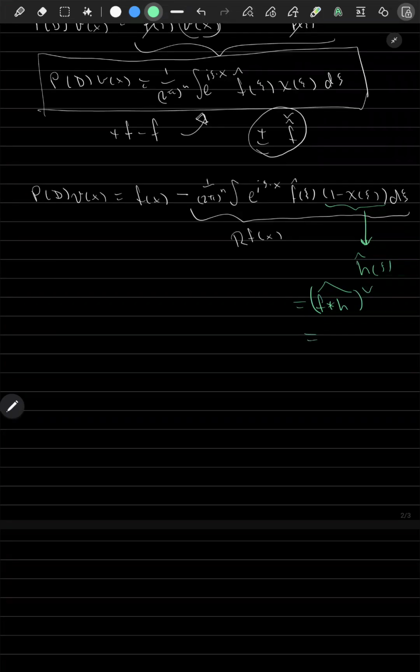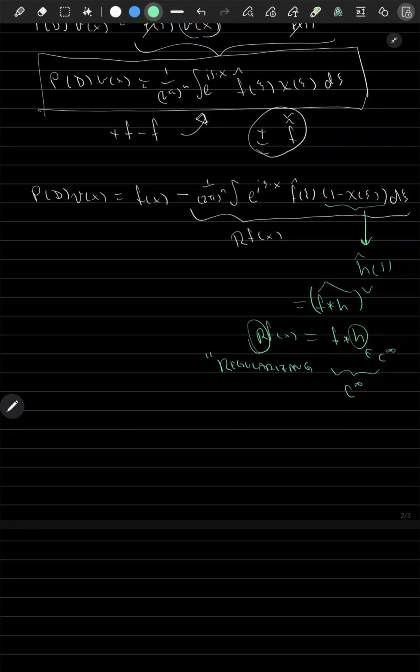So this entire R f x is nothing more than f convolved with h, which is a C infinity function. Therefore, by properties of the convolution, this must also be C infinity. And so that's why this R is called a regularizing operator.